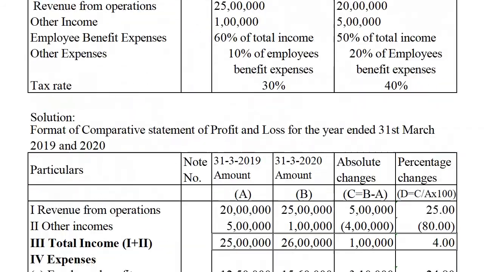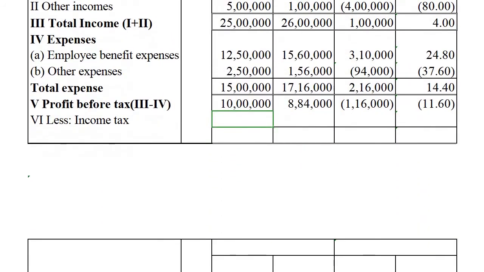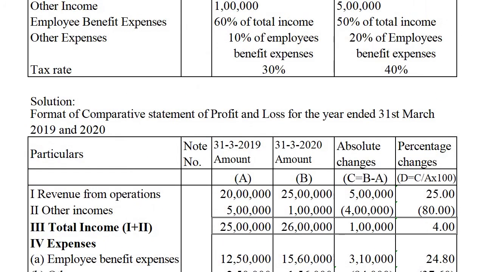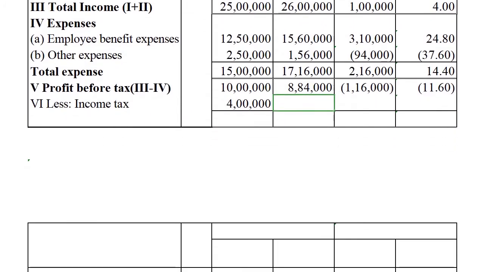Isn't it? So for the previous year, 10 lakh, the profit before tax, into 40%, that is 4 lakh. Then for the current year, it is 30% of 8,84,000.